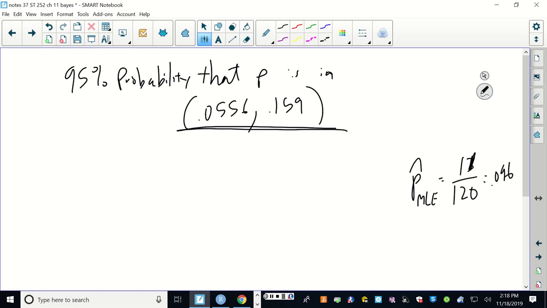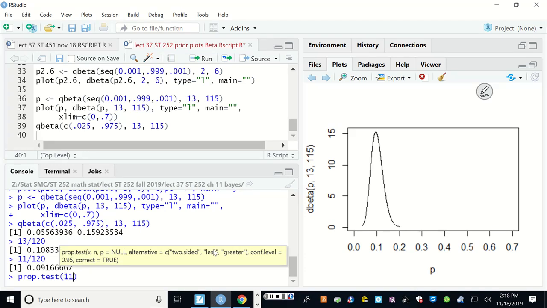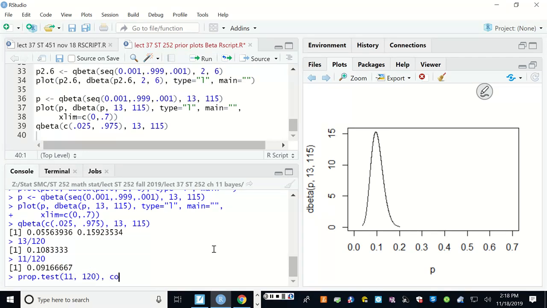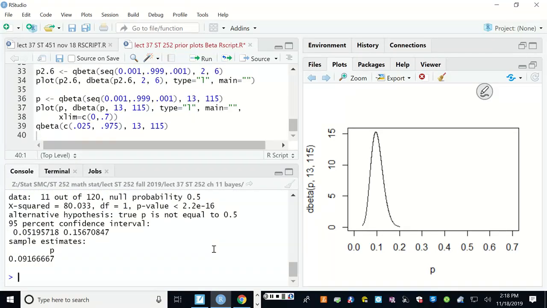But anyway, if the data were different, based on a proportion test with 11 out of 120, let's not do the continuity correction now. A 95% confidence interval goes from 0.052 up to 0.157.